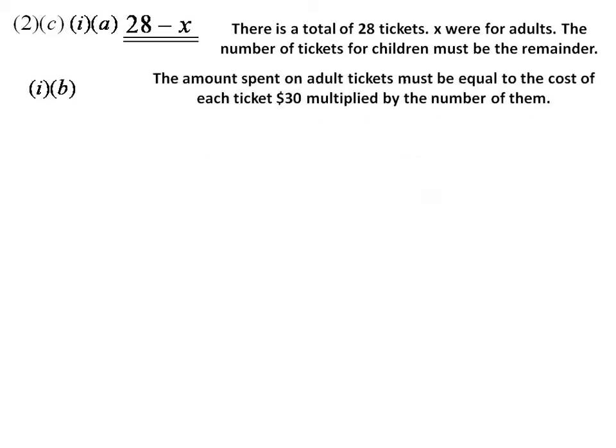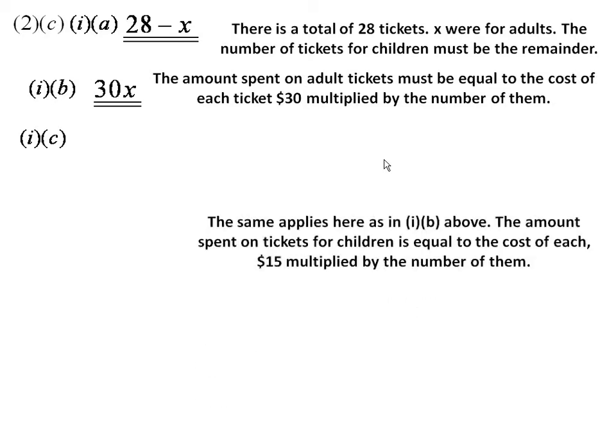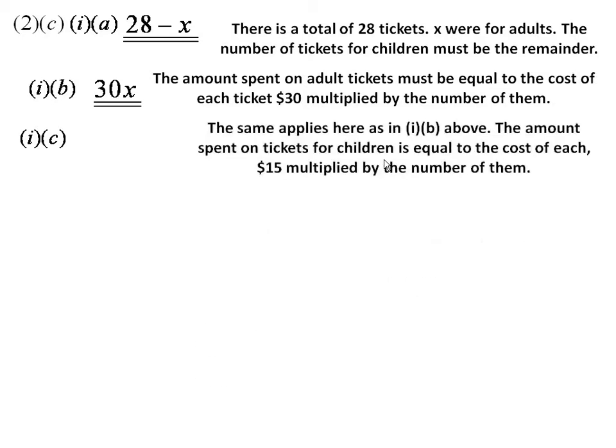The amount spent on adult tickets must be equal to the cost of each ticket, which is $30, multiplied by the number of them. That's not very difficult. So 30 multiplied by X. And what about for the children? The same applies here as in Roman 1b above.